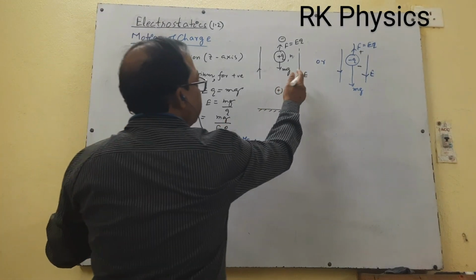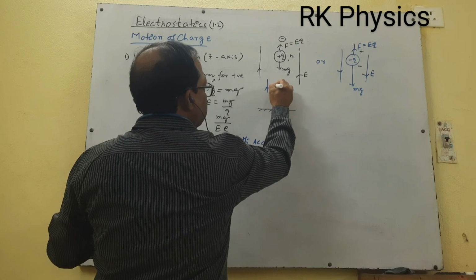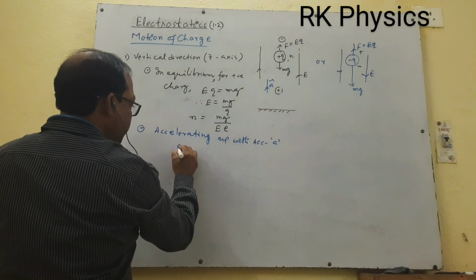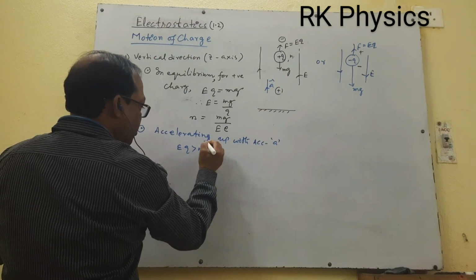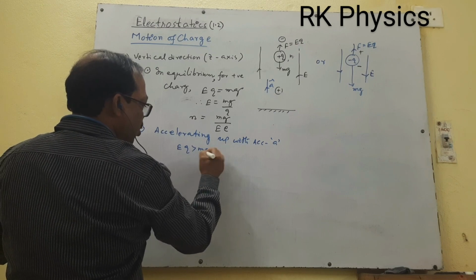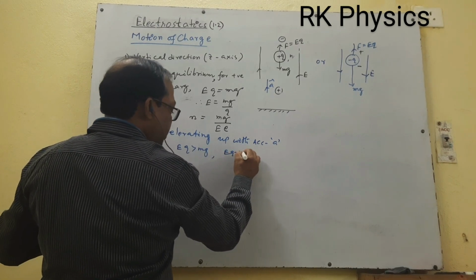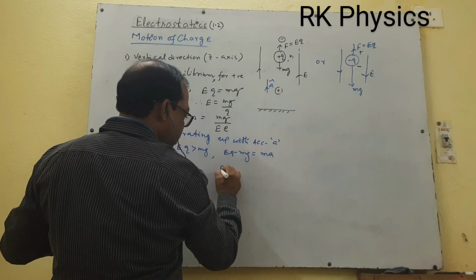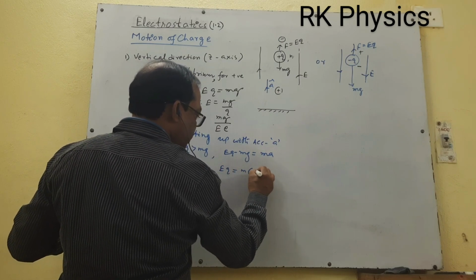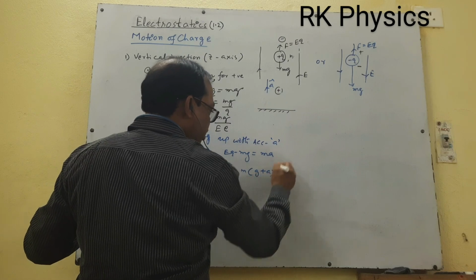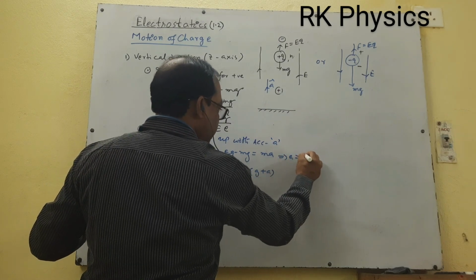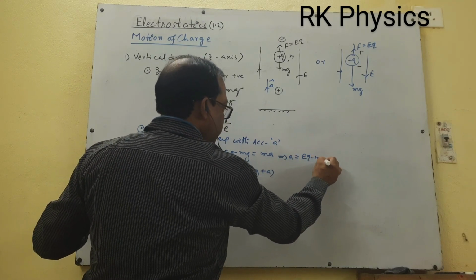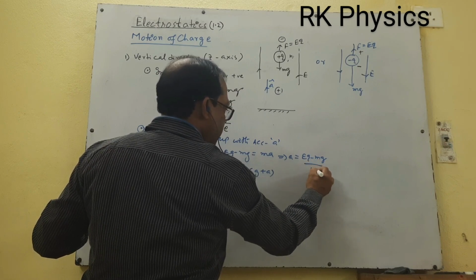If it is accelerating up in this figure, accelerating up means EQ must be greater than mg, or EQ minus mg equal to ma. So EQ equal to m into (g plus a). So from that you can find out a equal to EQ divided by m minus g.